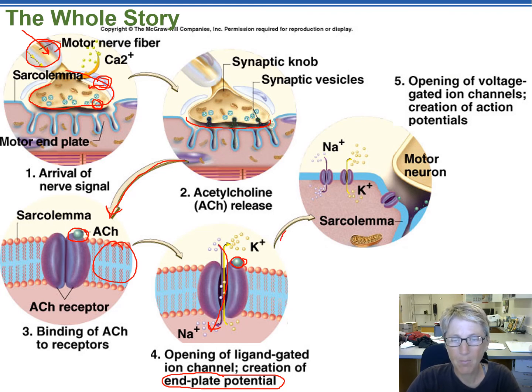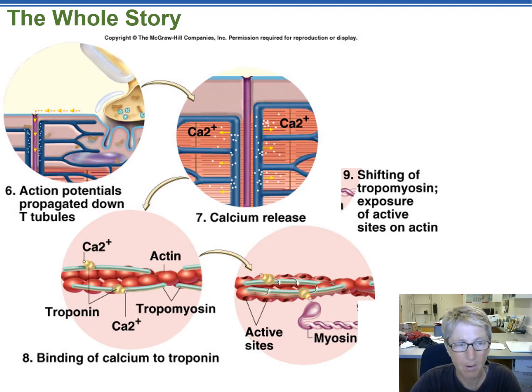Okay, then step 5 comes over here. When enough sodium has come in via the ligand-gated sodium channels, enough positive charges have built up inside the cell, then these voltage-gated sodium and potassium channels will open, and now you can start an action potential because there's voltage-gated sodium and potassium channels all the way down the phospholipid bilayer.